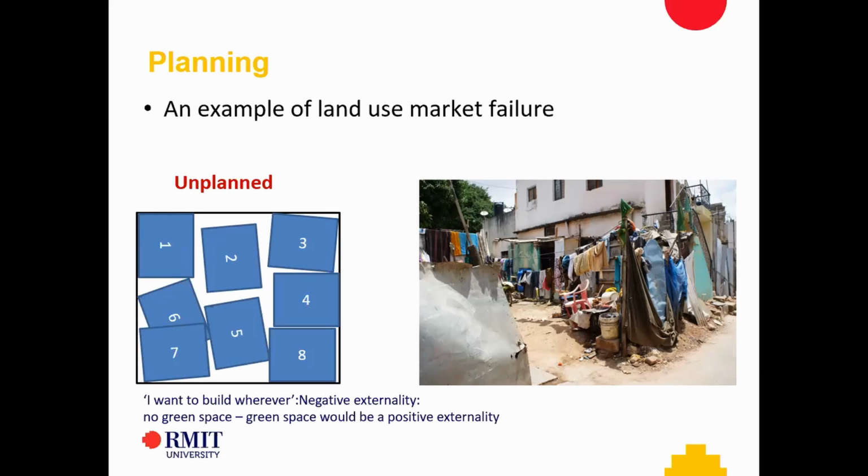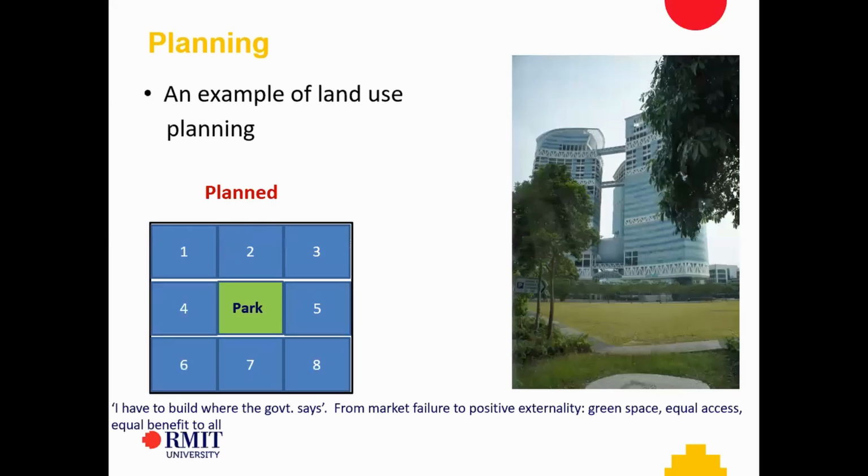But let's say a strategic planner will come in and look at this mess, this disordered jumble of housing, and they would provide some order. They would provide some order, and not only that, will give us the opportunity to gain a positive externality. That is, with the order there, we can actually fit a park in the middle of that jumble.